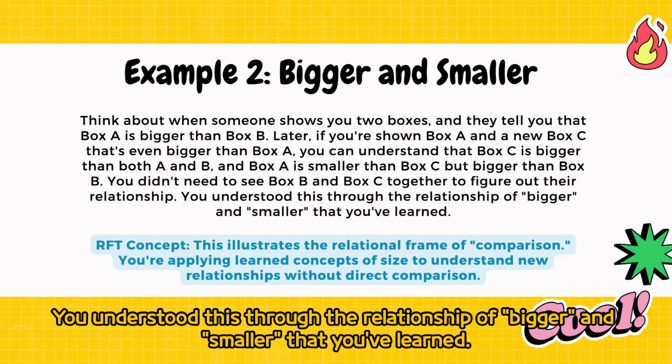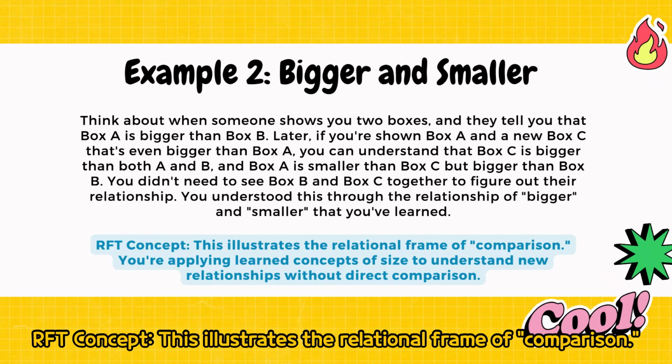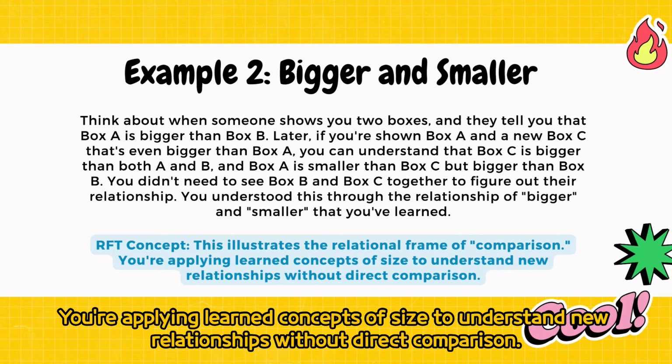You understood this through the relationship of bigger and smaller that you've learned. RFT concept: this illustrates the relational frame of comparison. You're applying learned concepts of size to understand new relationships without direct comparison.